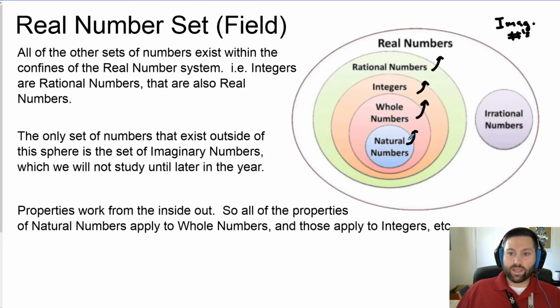It also means that number is an integer, a rational, and a real number. So the more you get in, the more specific the type of number you are dealing with.